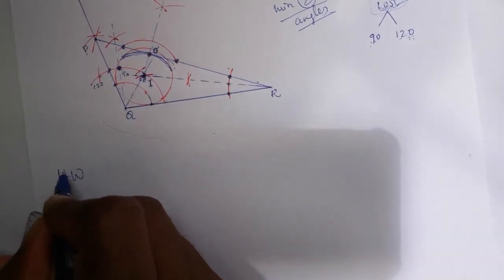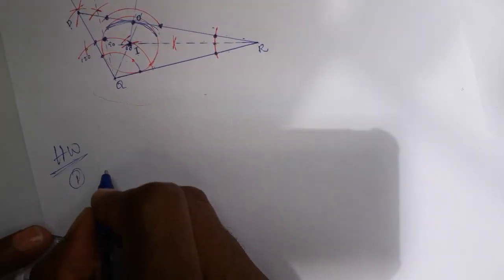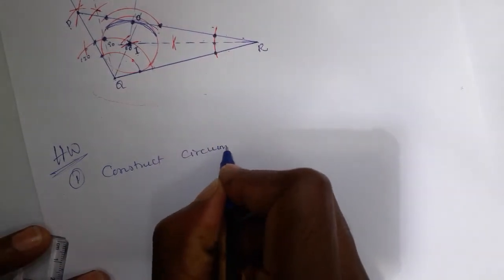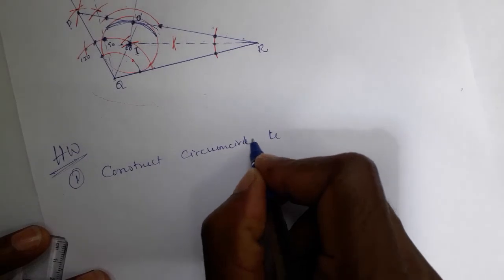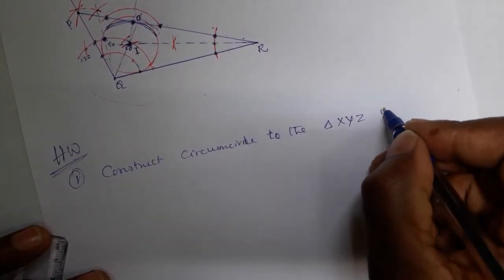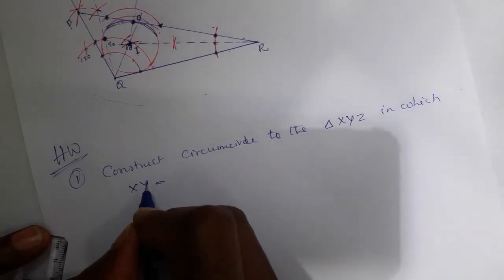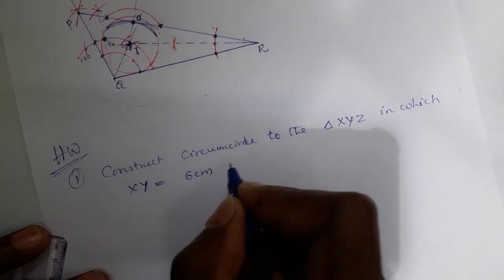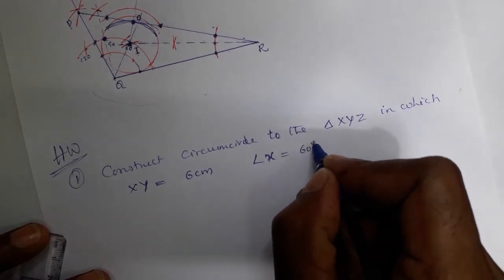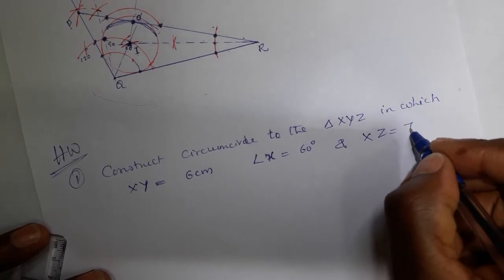Go to the homework session. The first one: construct a circumcircle to the triangle XYZ in which XY is equal to 6 centimeter, angle X is equal to 60 degree and XZ is equal to 7 centimeter.